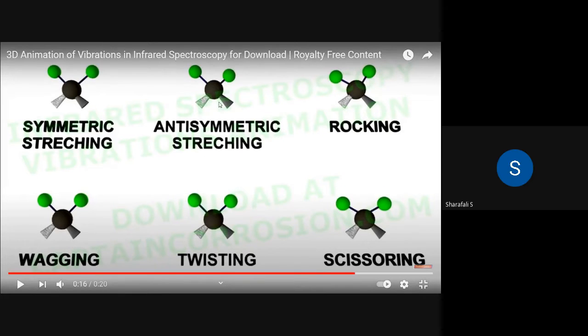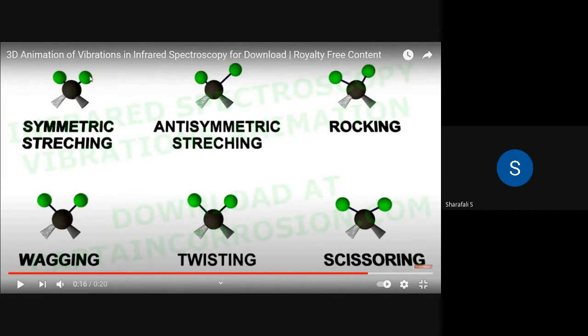When one stretches, the other one compresses. When symmetric stretching happens, both atoms stretch, then compress, then stretch, and then compress like that.